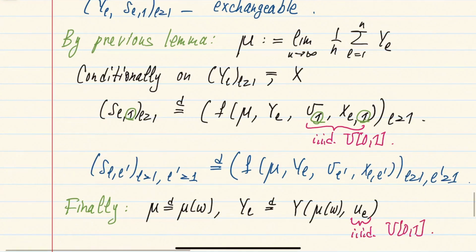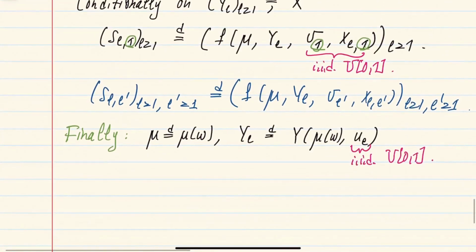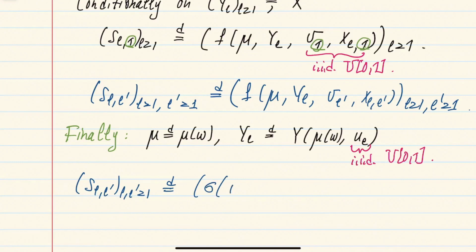And if we combine this with the above, we get that our array S_{L,L'} for L and L' greater or equal than 1 is equal in distribution to some function of W, U_L, V_{L'}, and X_{L,L'}, where all these arguments are uniform IID on [0,1].